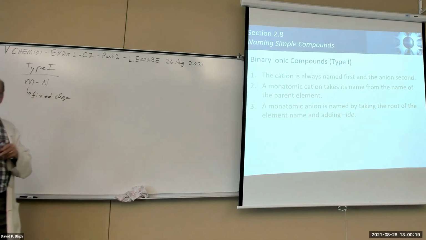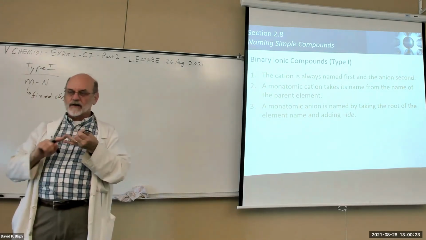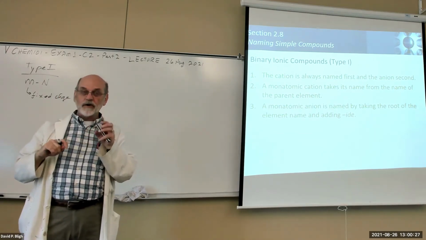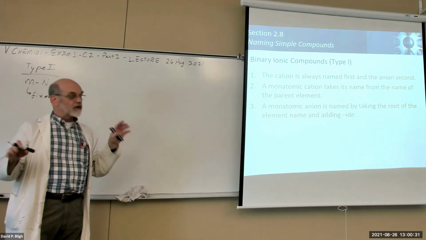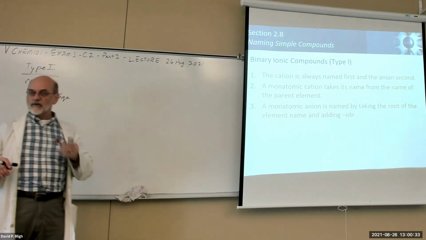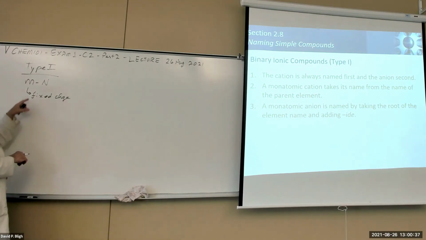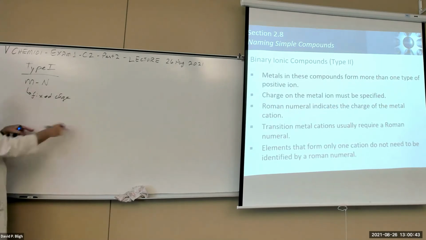So that means it has to come from one of those places on the periodic table. Alkaline metals, alkaline earths, boron group, in order to have a fixed charge. Those elements don't have any other charge in ionic compounds. It's always either +1, +2, +3. So once you know that, then you name the metal first, followed by the nonmetal.